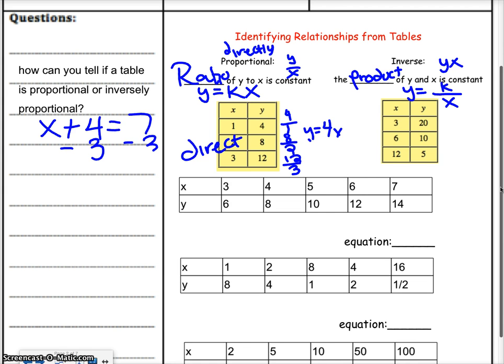I don't really check ratios first because I can divide easier than I can compare a ratio. Or I can multiply easier than I can compare a ratio. I usually check the product first. What's 3 times 20? 60. What's 6 times 10? 12 times 5? Okay, so this is inversely proportional. And my k, so you need to know what my k is. My k is equal to whatever that common product is.